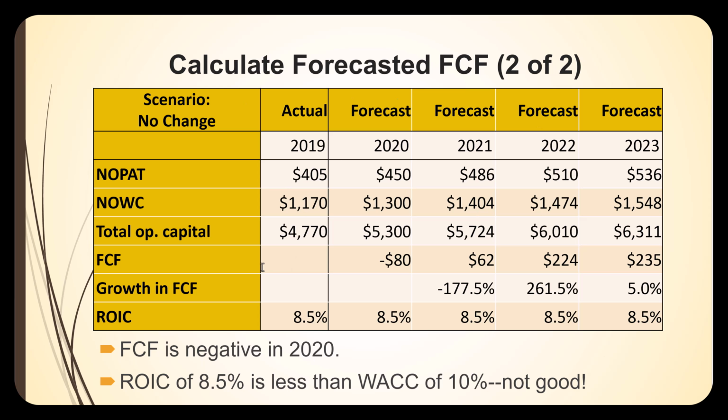Well, in 2020, we're predicting a negative free cash flow from operations, which is really not good for us. It's just showing that we're buying more things, right? We have more cash going out, and we do know that we have increases in capital here.